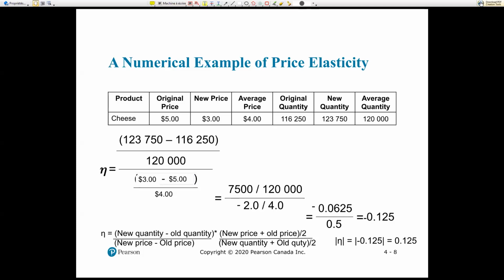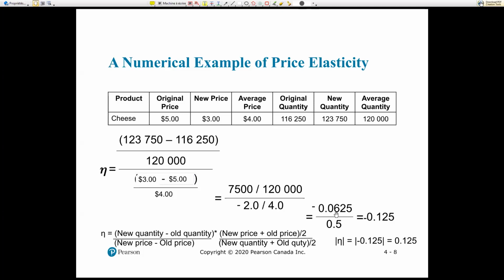Are you sure about that? Because 3 minus 5 is minus 2, divided by 4. Minus 2 divided by 4 is 0.5. Let me check. Yeah, I don't think so.